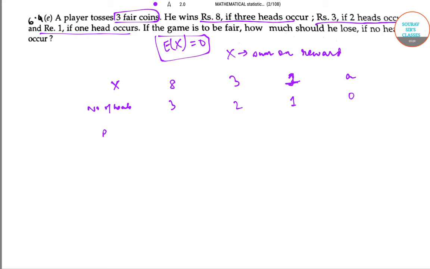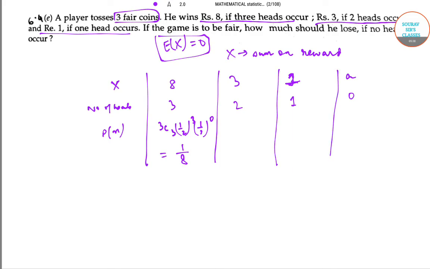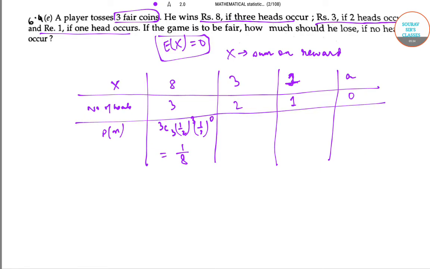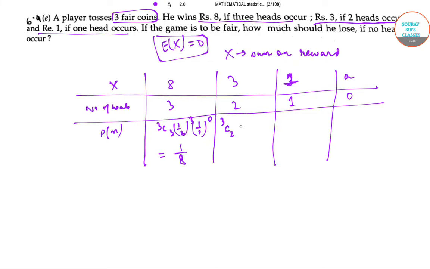And so what is the probability of each event occurring? This is actually 3c3 half cube, half to the power 0. So it's actually 1 by 8. For 2 heads occurring, the probability is 3c2 half squared into half to the power 1, which is 3 by 8.